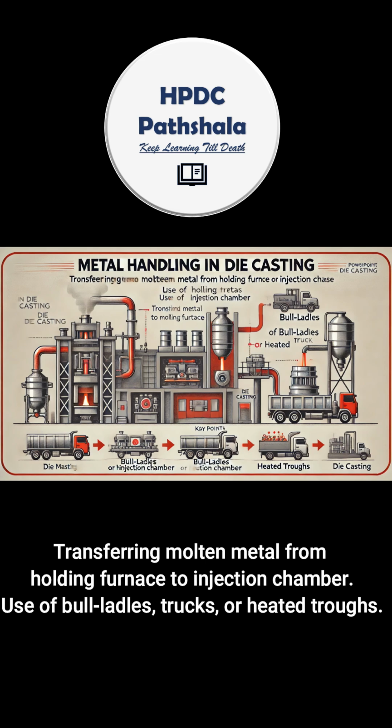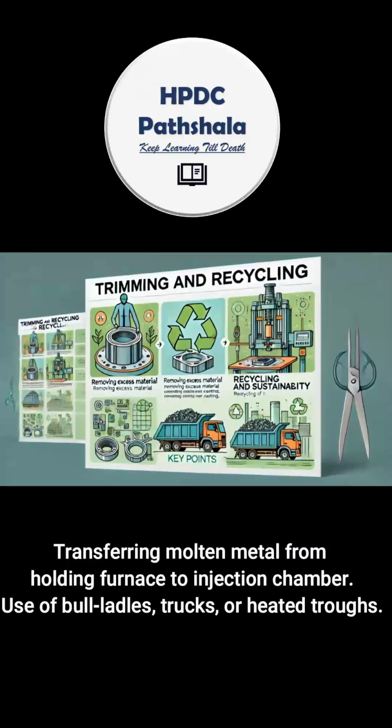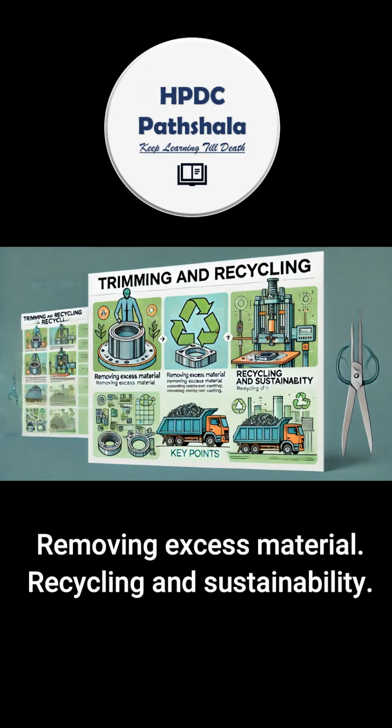Once the shot is removed from the die, it contains excess material known as trimmings, such as sprue, runners and overflow cavities. These trimmings are cut away from the usable casting using a trimming press. The trimmings are then recycled, melted again and reused, minimizing material waste and enhancing the process sustainability.